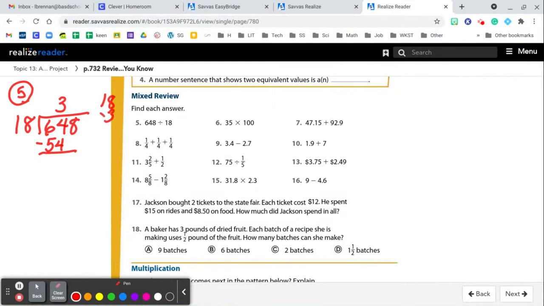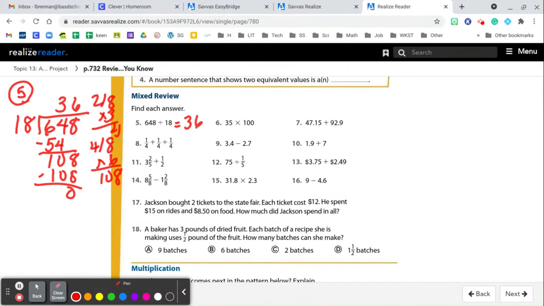Let me double check that. Yep, 54. And so we have 108 as our remainder, and 18 goes into 108. Let's see, let's try 6. Yep, 6 times. So our answer there is 36.